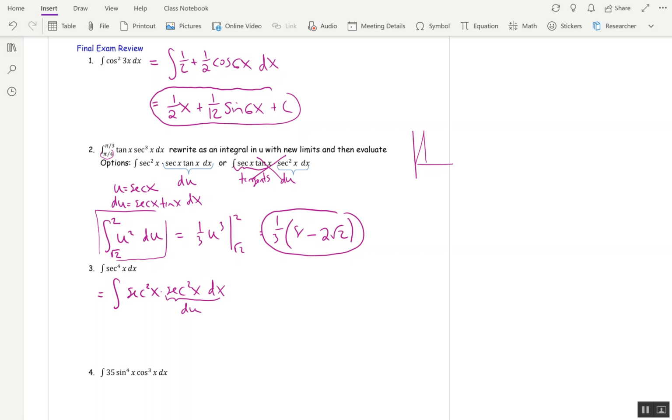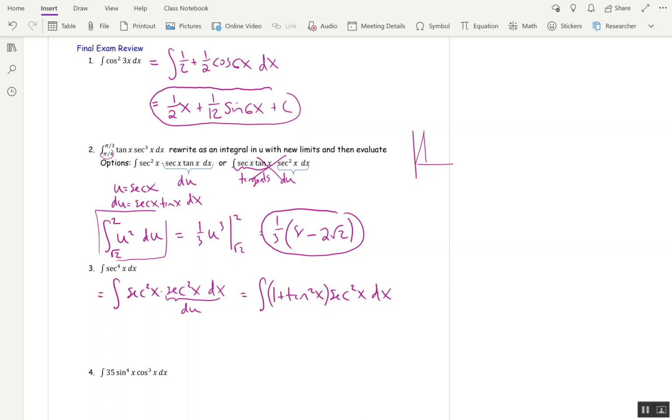Secant squared is the derivative of tangent, so that means we need to turn these secants into tangents. The way to do that is with the Pythagorean identity, that 1 plus tangent squared is secant squared. Now I need parentheses because all of that is being multiplied by secant squared x dx.